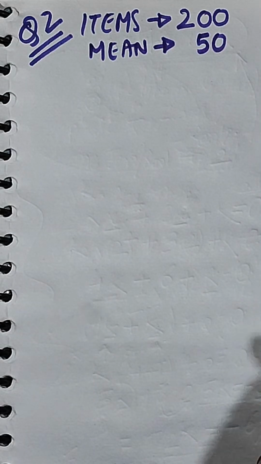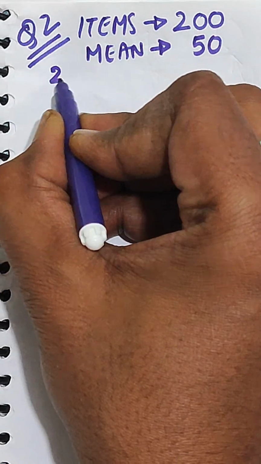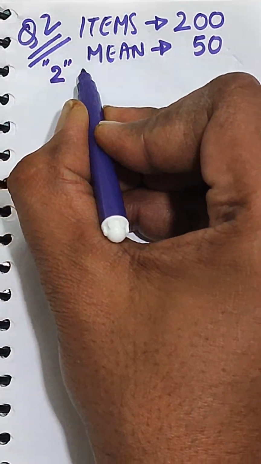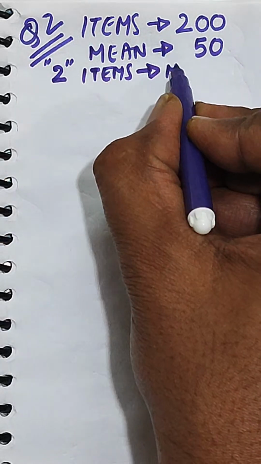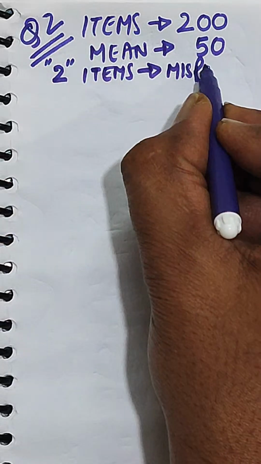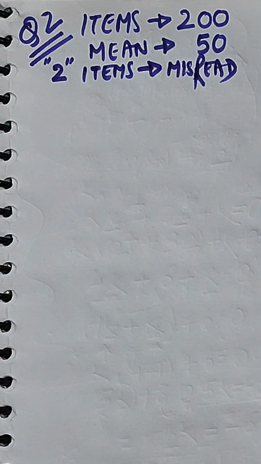Later on, it was observed that 2 items were misread. 2 items misread. That means wrongly read, right? 2 items.